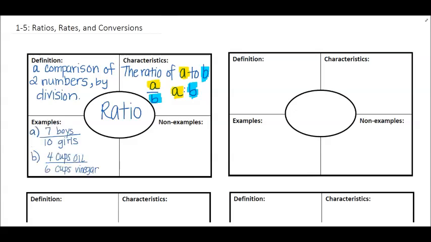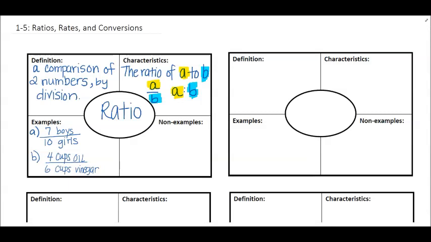Okay, the first example I put down here was 7 boys to 10 girls. That could be a ratio of students in a class. And so that basically says for every 7 boys there are 10 girls. Second example I have is 4 cups of oil to 6 cups of vinegar. Now this particular one could be for a recipe of some kind, but it can also be reduced.